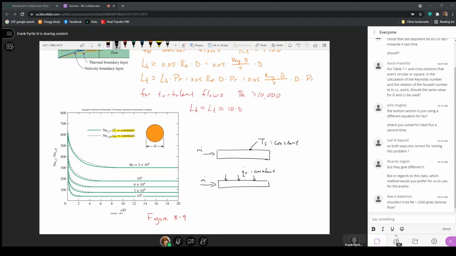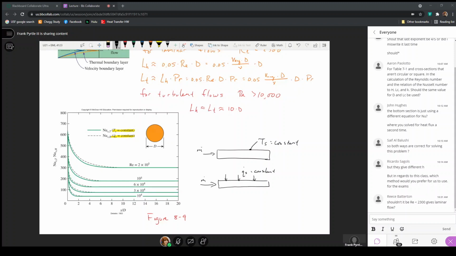The green lines are indications of how the Nusselt number changes as a function of length along the pipe for a given Reynolds number. And here, each of these green lines is a different Reynolds number. And this is a non-dimensionalized expression of the length of the pipe, in that it's the position along the length of the pipe divided by its diameter.